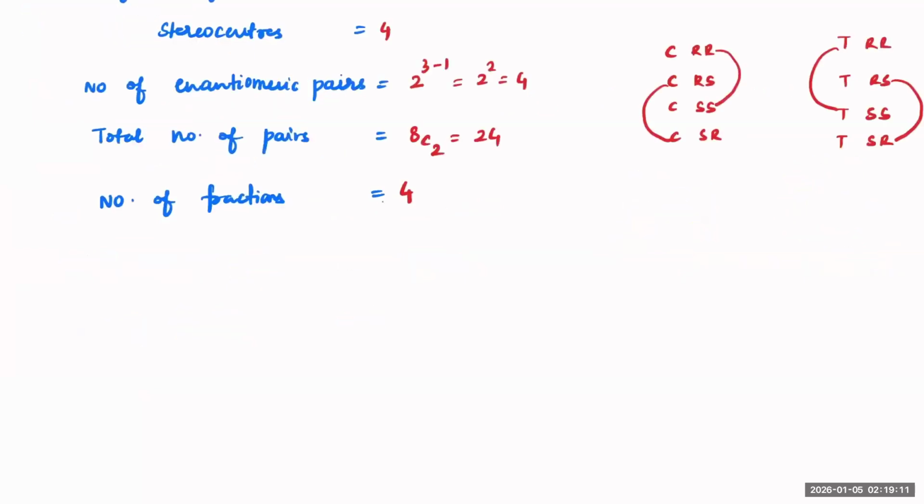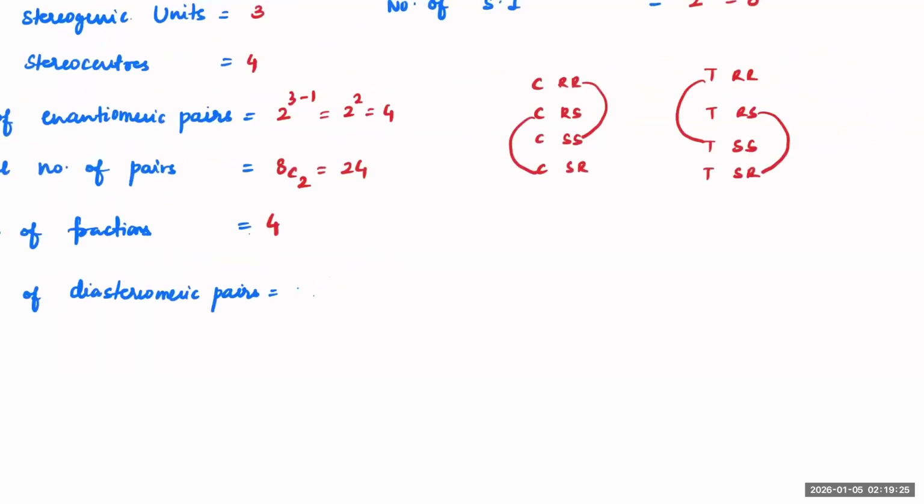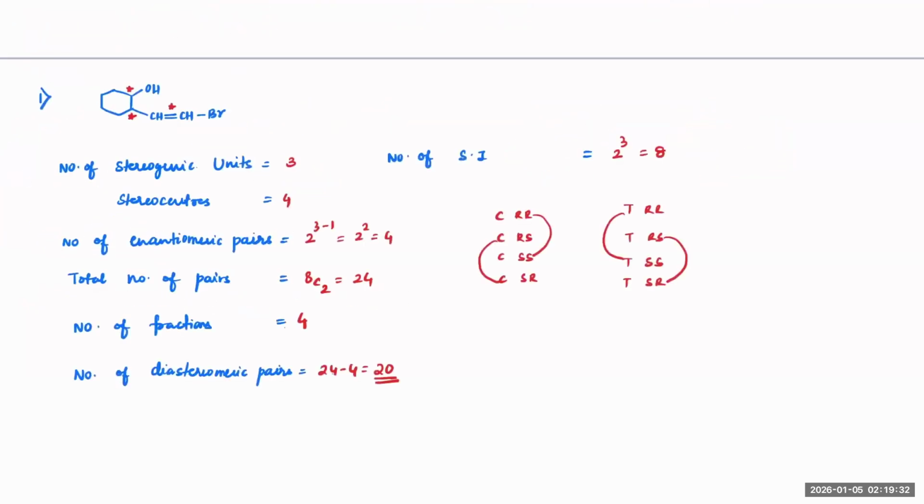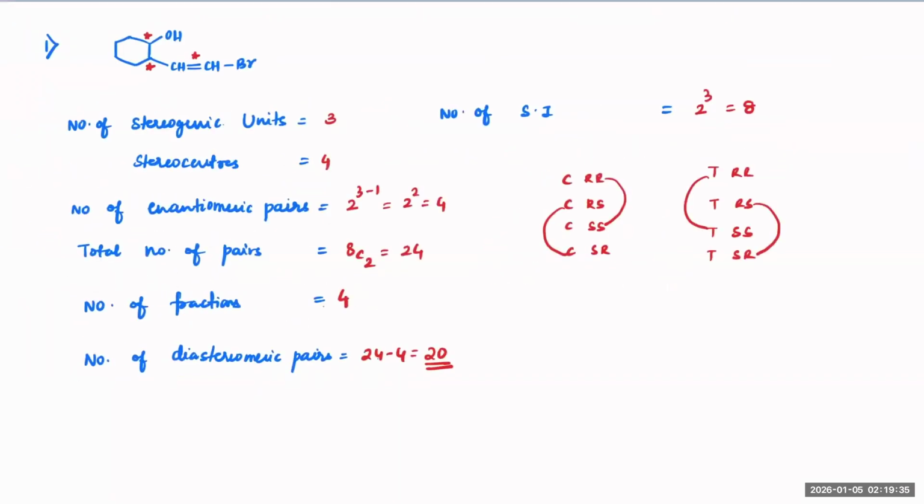By chance, if the question is also asked how many diastereomeric pairs we have: diastereomeric pairs include the total 28 pairs, out of which 4 you have to remove. Those are enantiomeric pairs. So in total 24 diastereomeric pairs. Is everybody clear how to solve these questions? Any doubt?